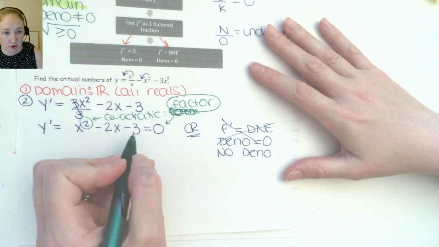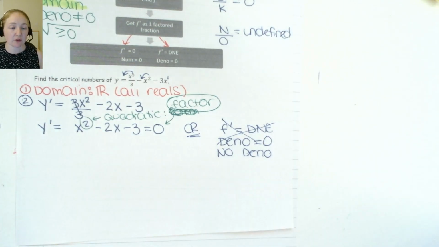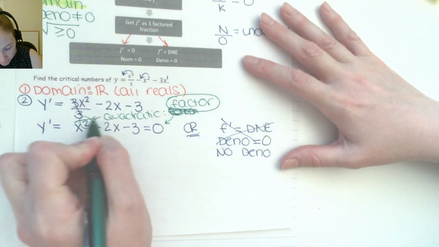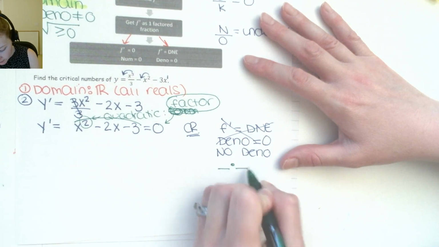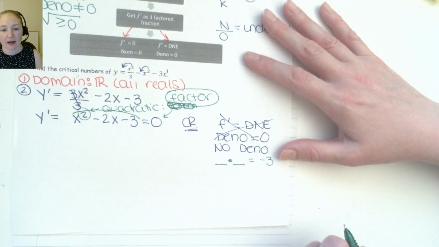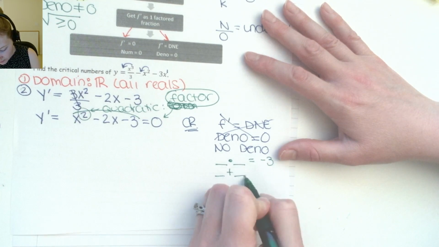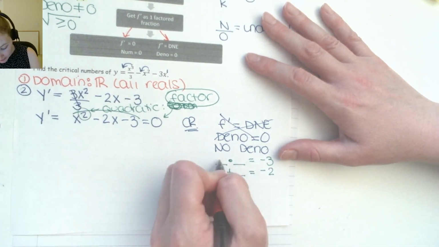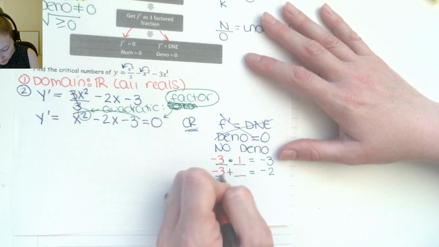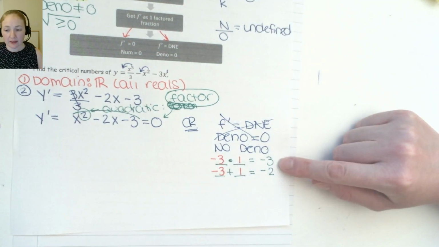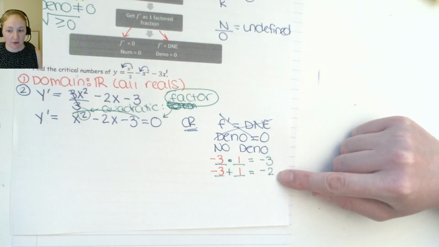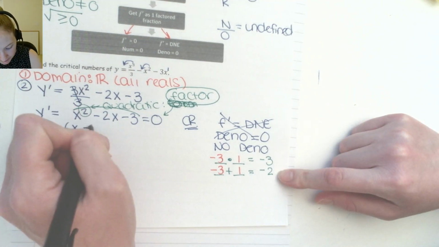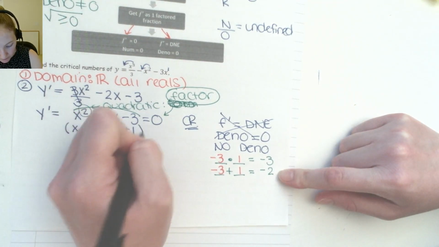All right, so we have to remember all of our factoring fun here. When you have 3 terms, the first thing you do is you ask yourself, do I have a GCF? And I don't. Then you ask yourself, okay, the factors of the first times the last, so that would be factors of -3 that add up to -2. Playing around with that, it would be -3 and +1. They multiply together to give me -3, add together to give us -2. So this would factor as x minus 3 and x plus 1.